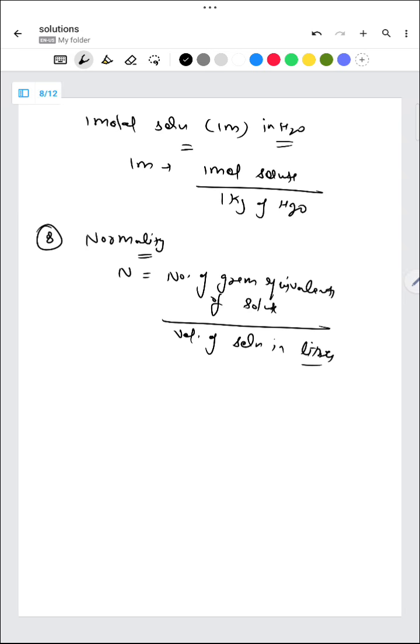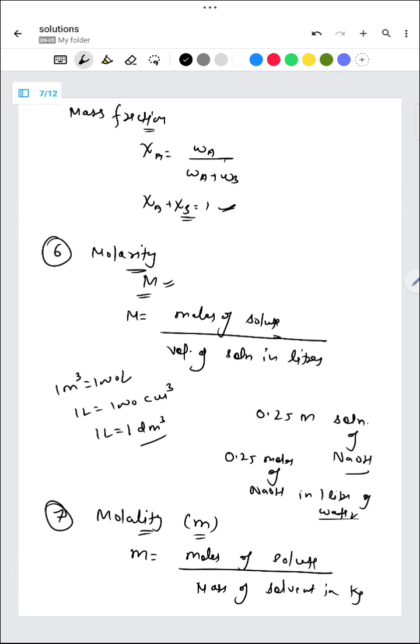Now what is this gram equivalent term? Number of gram equivalents. See, in molarity we were using moles of solute. Now what is the number of moles? It is equal to the weight of the component divided by the molar mass.